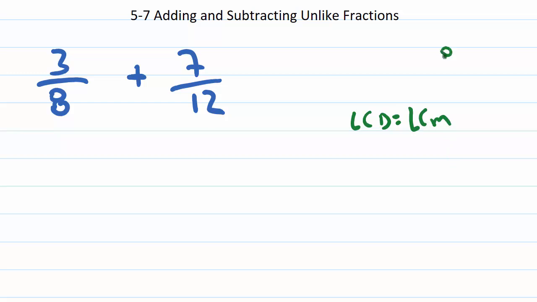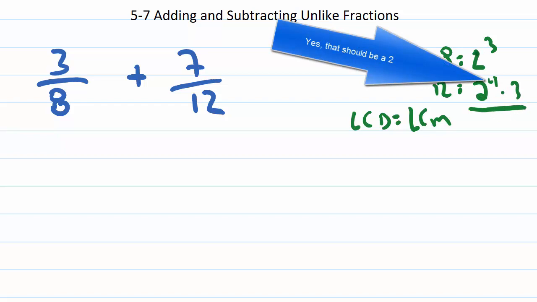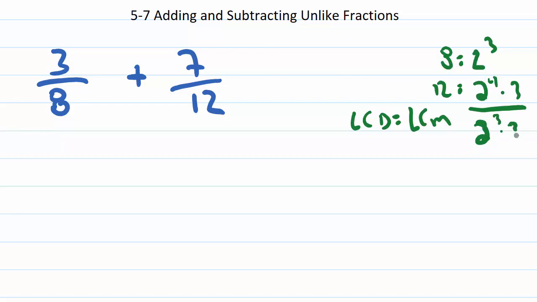So the first denominator is 8, the second denominator is 12. 8 is 2 times 2 times 2, which is 2 cubed. 12 is 4 times 3, which is 2 squared times 3. Take the highest power from each column, so the lowest common multiple, which turns out to be the lowest common denominator, is 2 cubed times 3, which is 24. So now I can build these fractions to a denominator of 24.